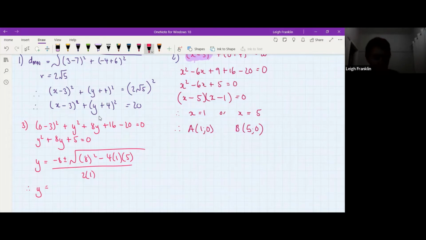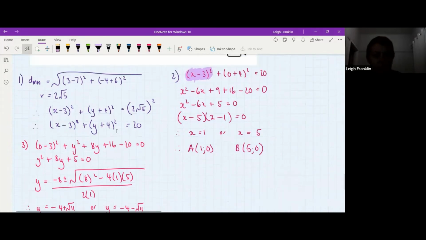Okay, so I get -4 plus root 11, or -4 minus root 11.